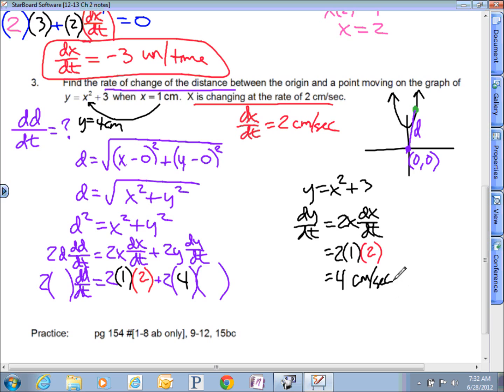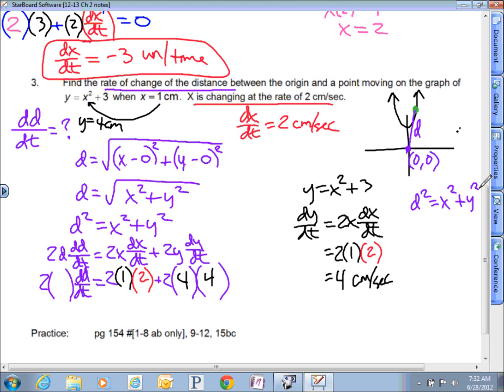We'll now plug that in for your dy over dt. And the only thing you're missing is a d. Gosh, I wish I could find a way. Wait a minute. Look back at this picture that we have over here. In this picture, we know that the coordinates of that green point when we took our picture were x equals 1, and according to our calculations, y was 4. So if that's the case, I'm looking for the distance, or I'm looking for d squared is equal to x squared plus y squared.